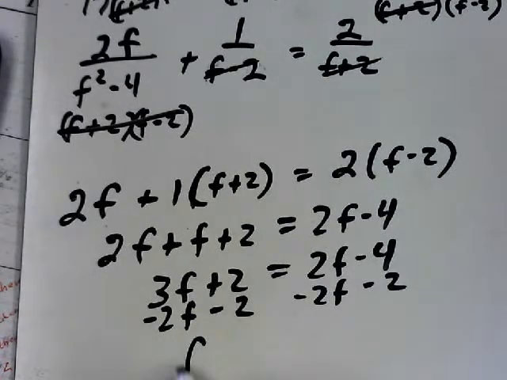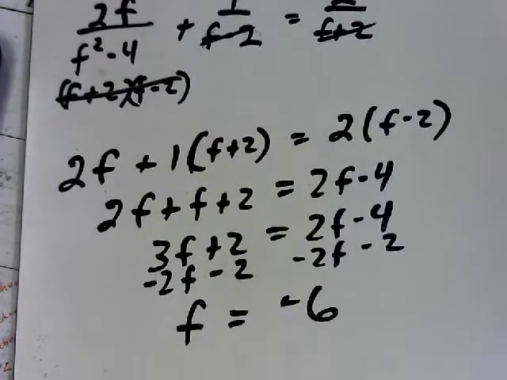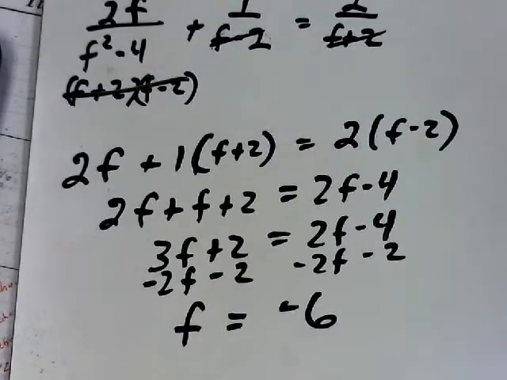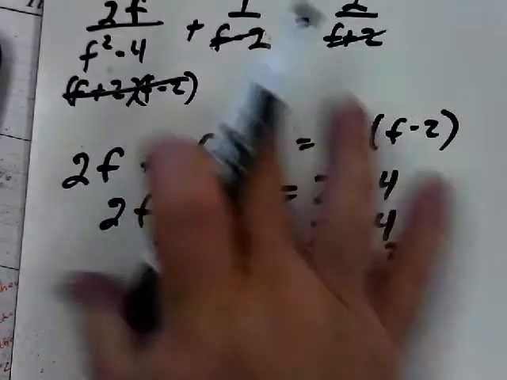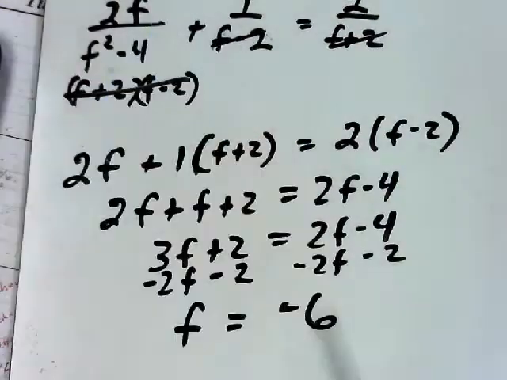So I'd end up with F equaling negative 6. Again, check my denominators. Can I put negative 6 back in and not end up with a 0? Obviously on those two I don't, so it will work over here too.